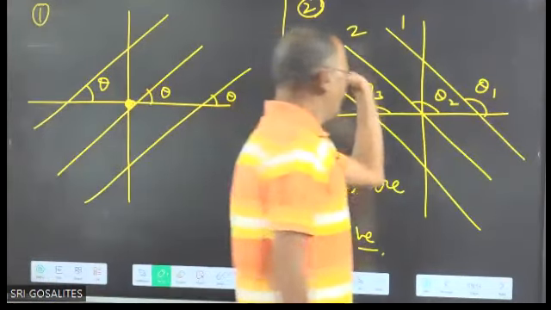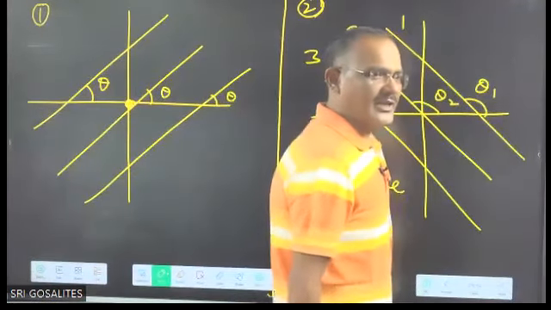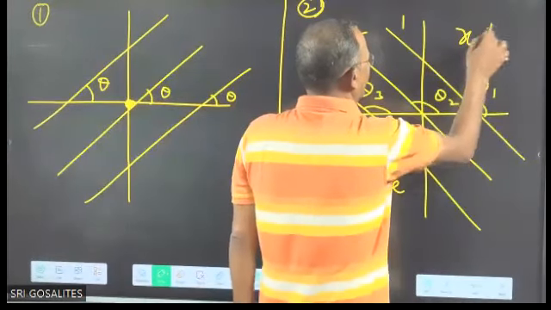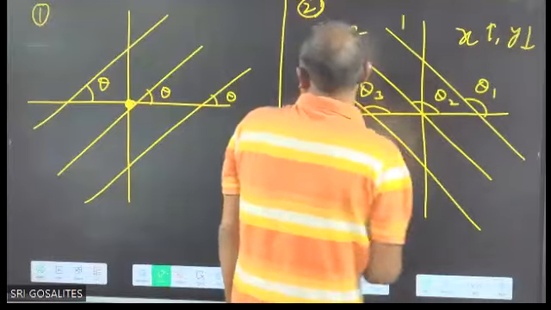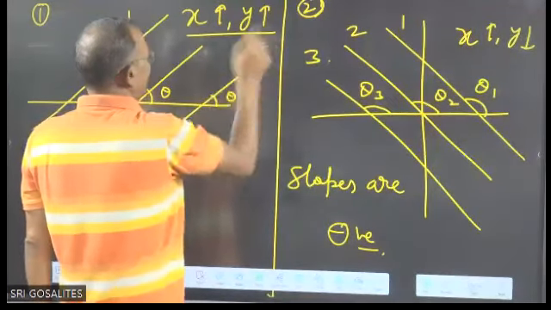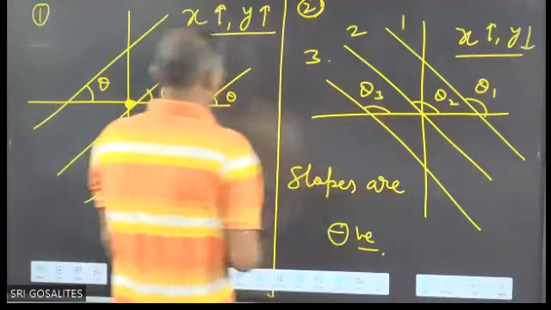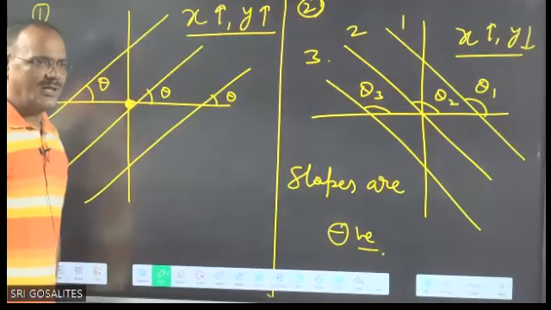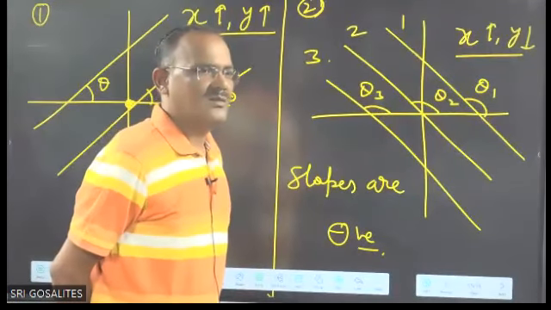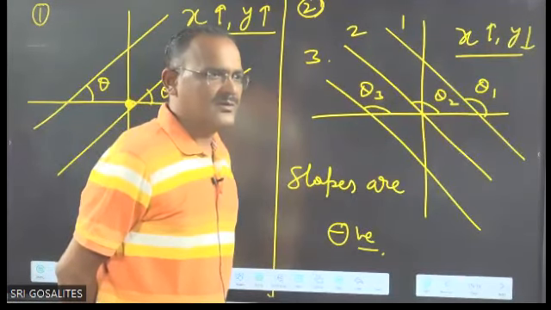Here thetas are obtuse, slope is negative. It means for these lines on increasing the x, y is decreasing, and for these lines on increasing the x, y is increasing. Means rate of change of y with respect to x is positive.